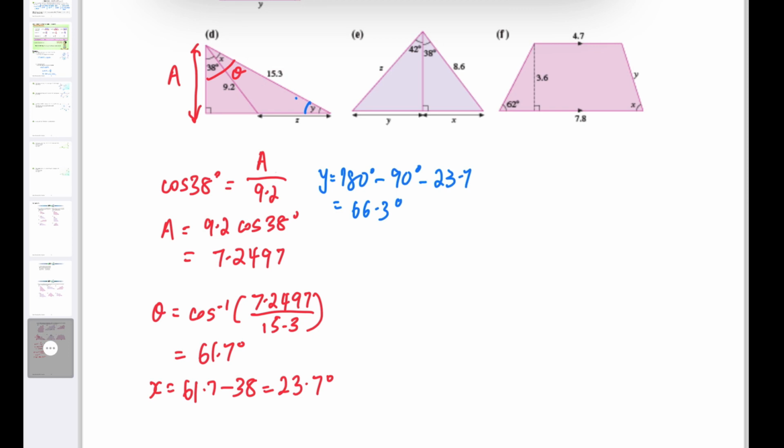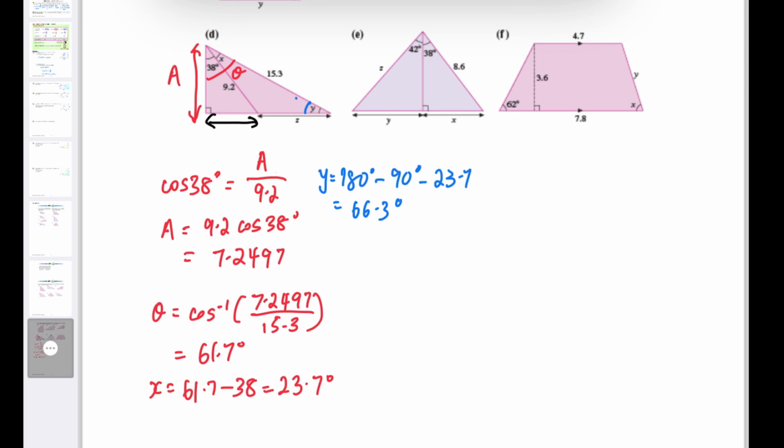Okay, then we need to find z. Z is found by, maybe if I were to find this length here, which let's label it as O, and then we take it minusing off the larger length.